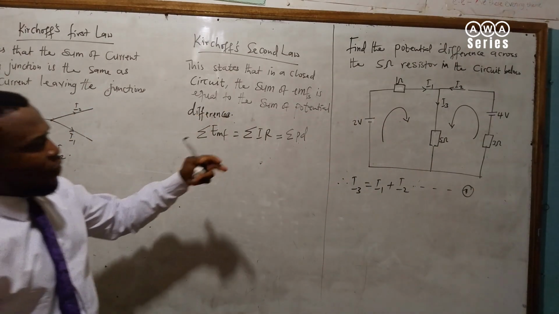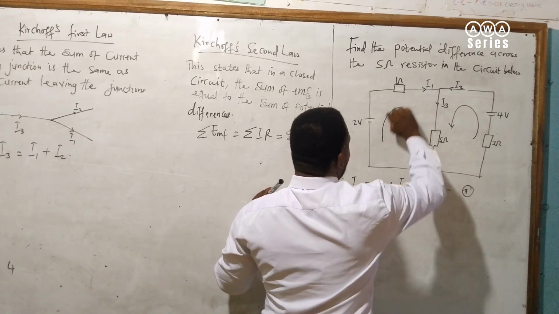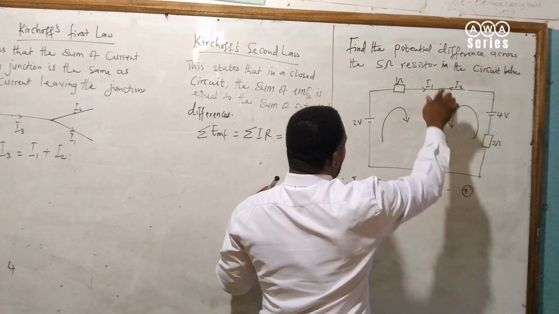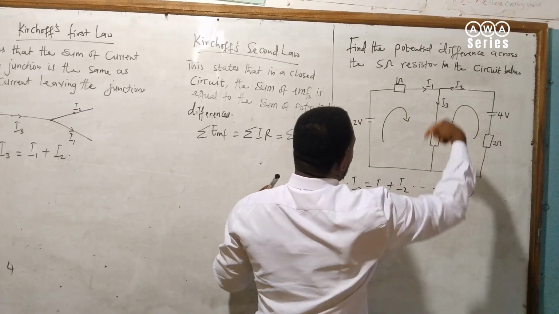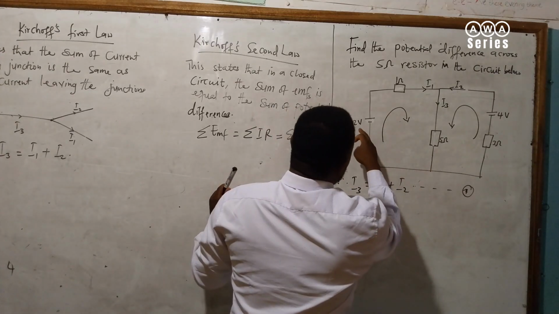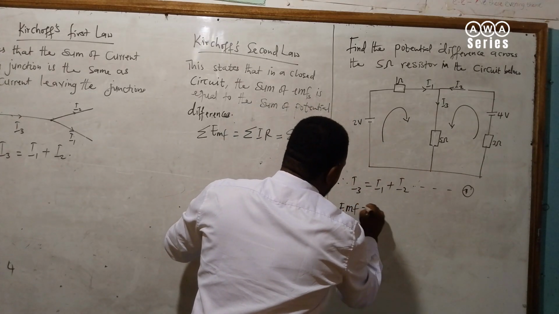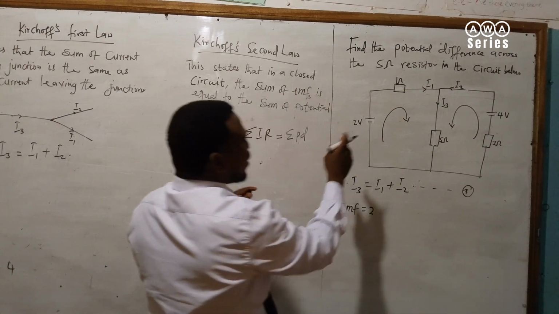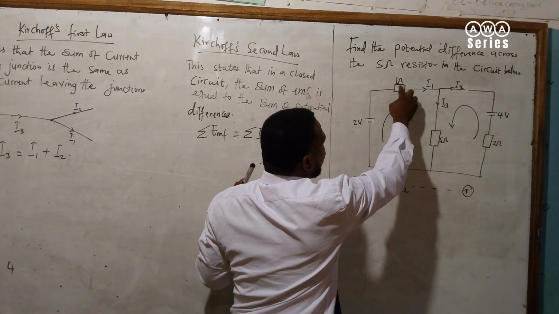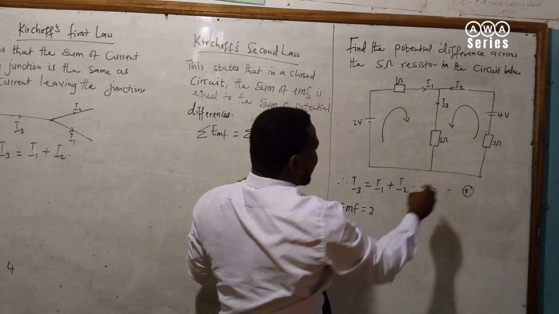Now, let's look at the first loop. The direction of the arrow tells you that the current flows in the clockwise direction, and this one is in the anti-clockwise direction, and that's okay. Here our EMF is 2 volts, and the potential differences are across the 1 ohm resistor and across the 5 ohm resistor.